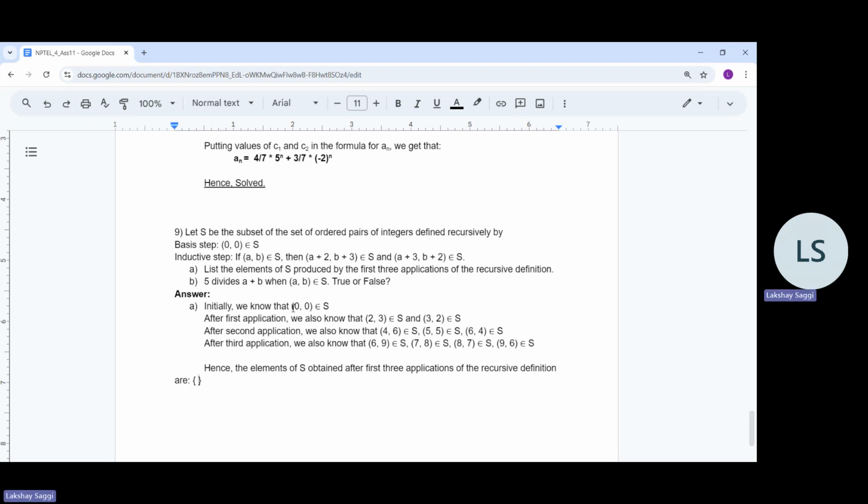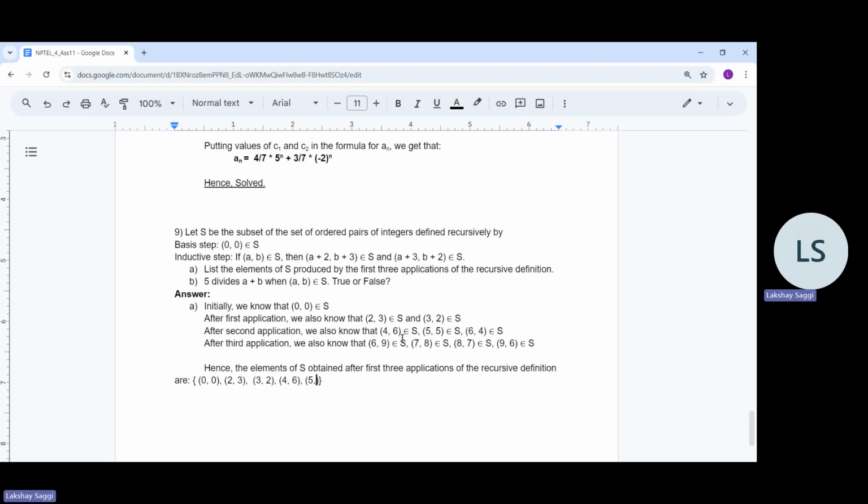So we obtained the element 0 comma 0. Then we had this 2 comma 3 and 3 comma 2. Then we had this 4 comma 6, 5 comma 5, and 6 comma 4. So 4 comma 6, maybe I should write it.